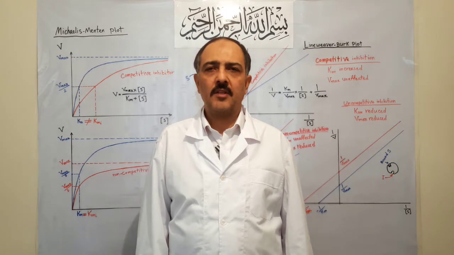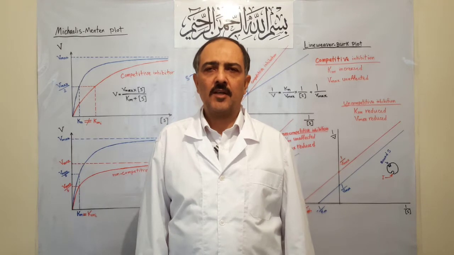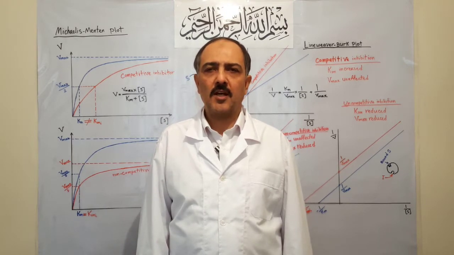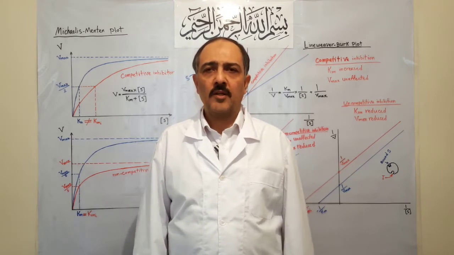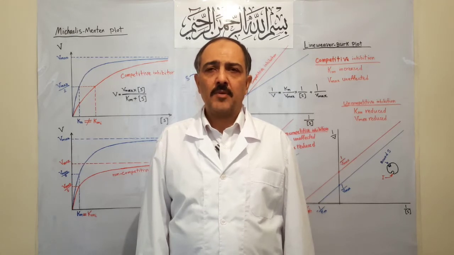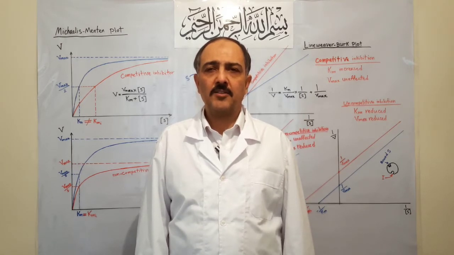Irreversible inhibition involves either the denaturation of the enzyme or formation of covalent bond or a highly stable non-covalent bond with enzyme. The examples of irreversible inhibitors are organophosphate chemical warfare agents known as nerve agents which inhibit cholinesterases.